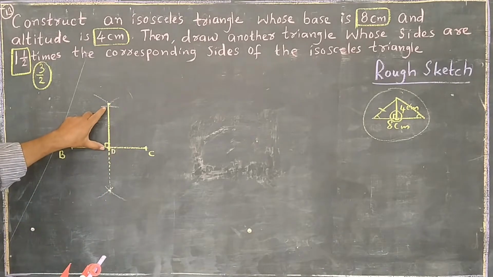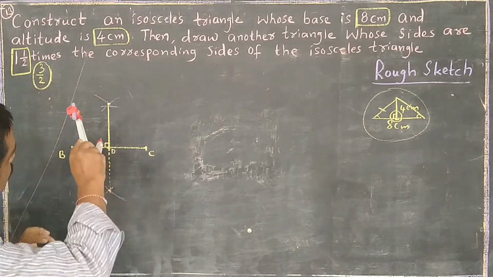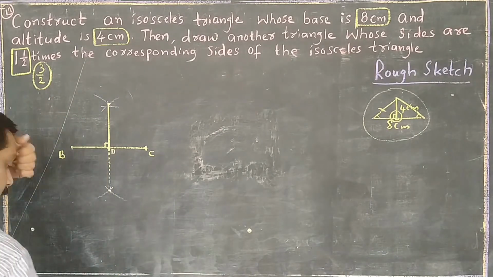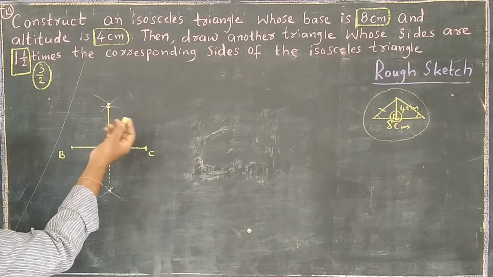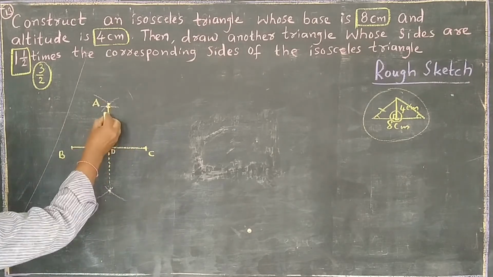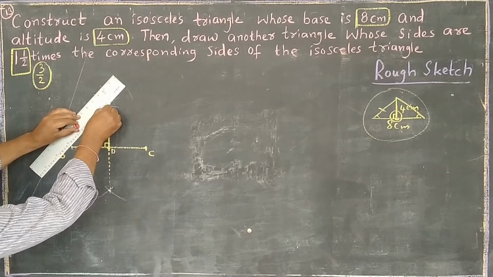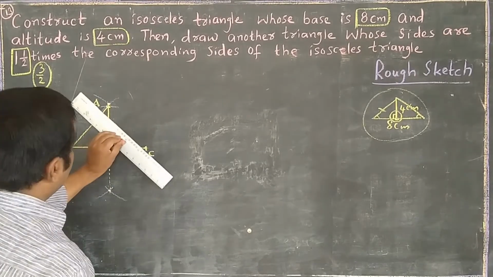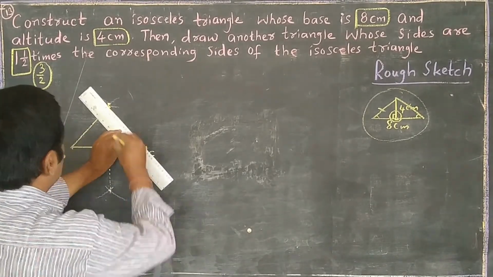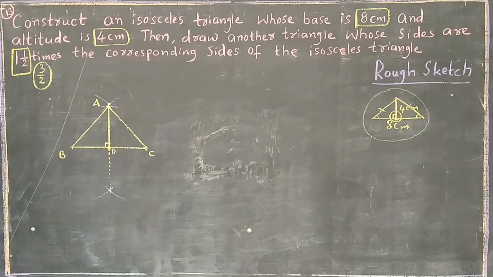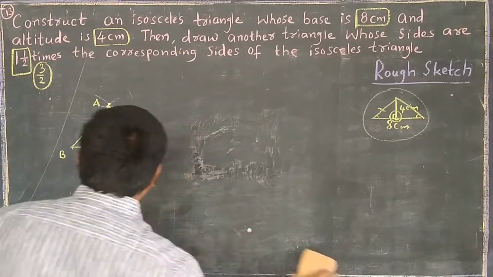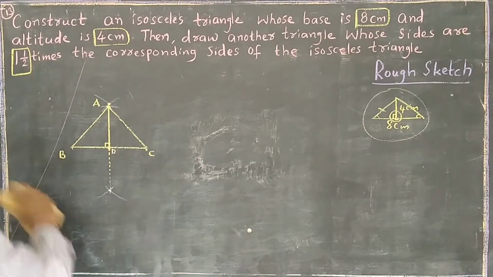If it does not intersect, produce the line. Treat this point as the letter A. Join AB and AC. We got the triangle.